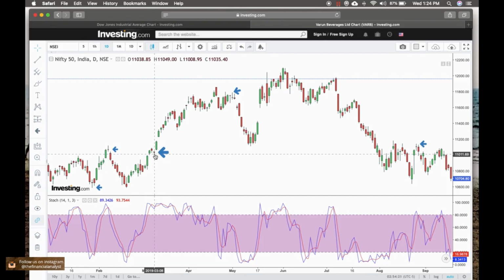So try to spot dojis on the charts and try to trade profitably from them, because it will be acting as a very strong reversal point. But at the same time, as discussed, make sure you see what is the strength of the trend, because just one candlestick of doji cannot negate the entire uptrend or the downtrend if it is very strong. So I hope you enjoyed this video.